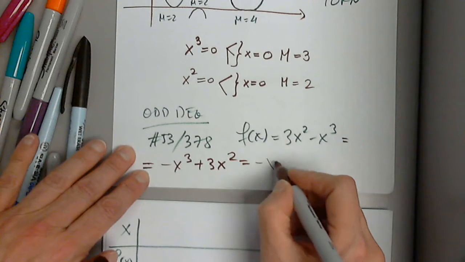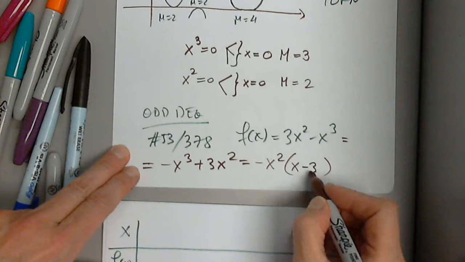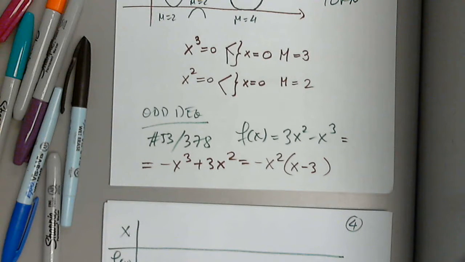Yes, with a negative, because I don't want a negative leading coefficient in there. And in parentheses, we have, careful, one more time. X minus 3. Perfect. Indeed, so x minus 3. Good.